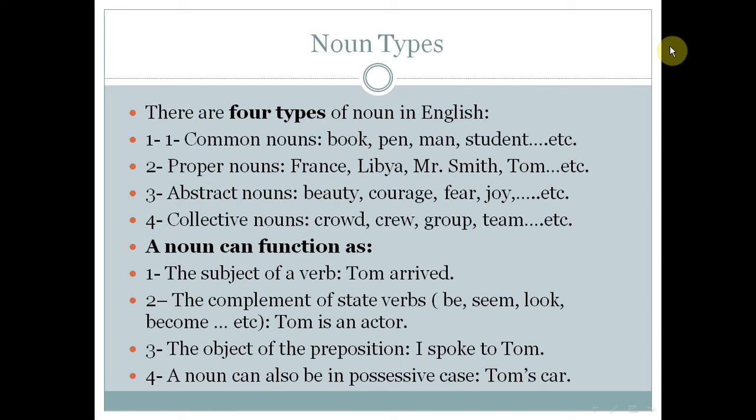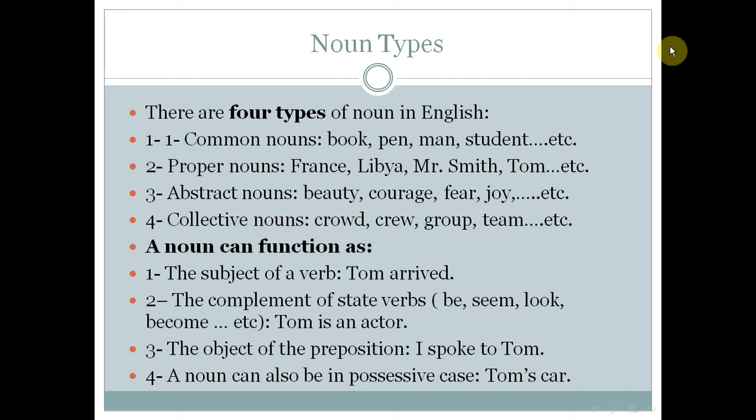But the function of an actor is that it's the complement of the state verb is. An actor is a noun. It's the complement of the state verb be.